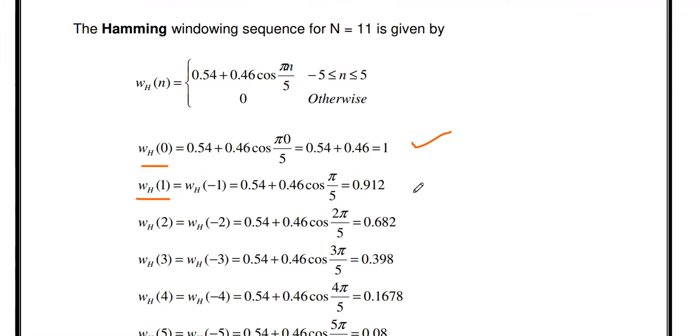Using the calculator, you may get 0.912. Already you know all windowing sequences are symmetric about the 0 axis, about this y axis. wH(1) and wH(minus 1) are equal, wH(2) and wH(minus 2) are equal, wH(3) and wH(minus 3) are equal, and so on. So wH(1) and wH(minus 1) is 0.912.